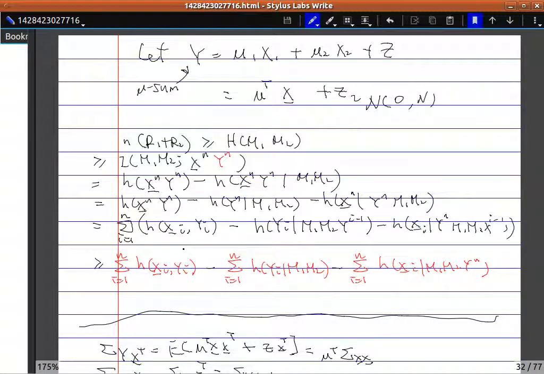And for the mu sum bound, I do more or less similar things as before, but this time we also insert this. We have H(M1, M2), n(R1 plus R2), the sum weight times n, is bigger than H(M1, M2), which is bigger than the mutual information, but we also add this Y^n here.